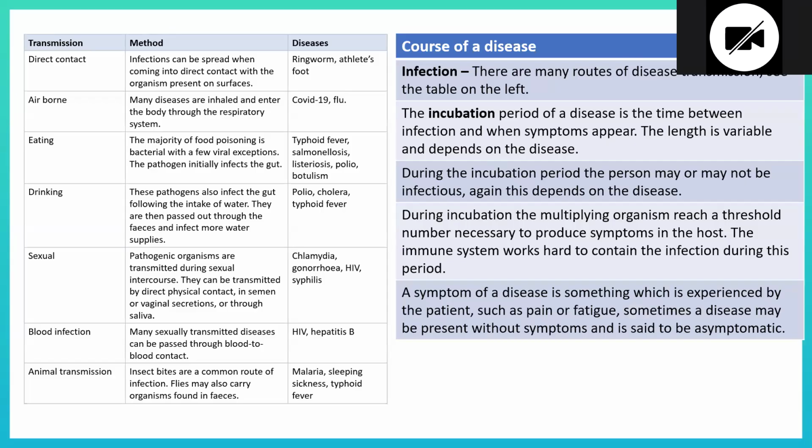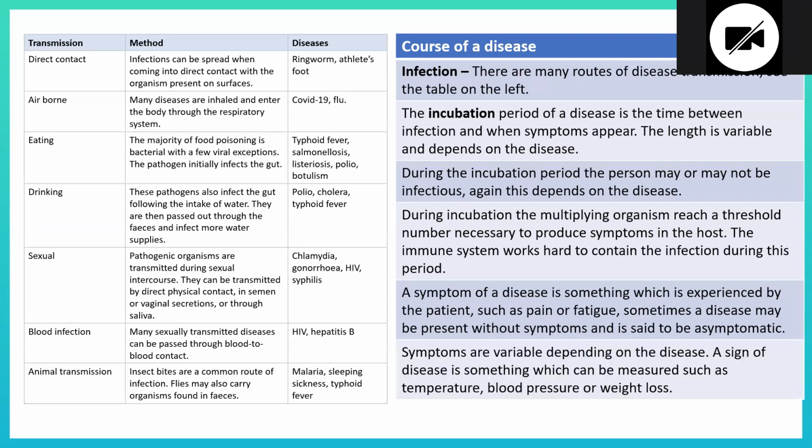A symptom of a disease is something which is experienced by the patient, often pain, fatigue. What happens when you get ill, with lots of different symptoms, coughing, sneezing, difficulty breathing. It very much depends on the disease itself.